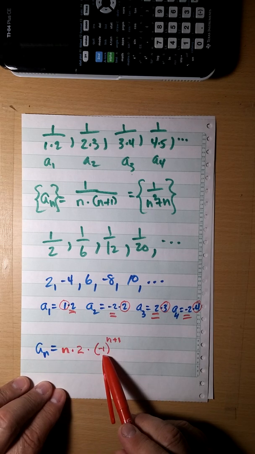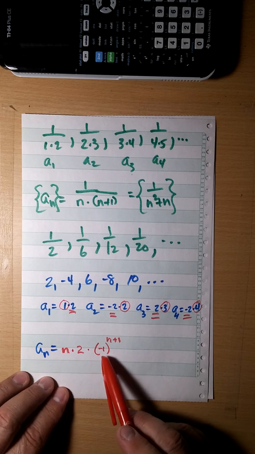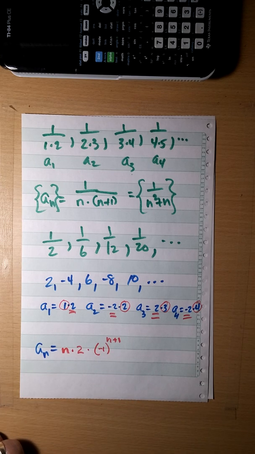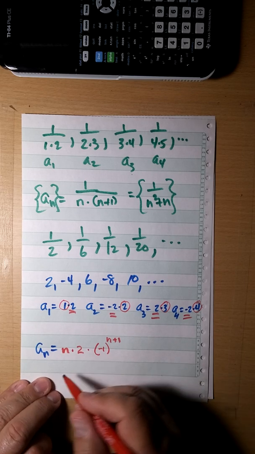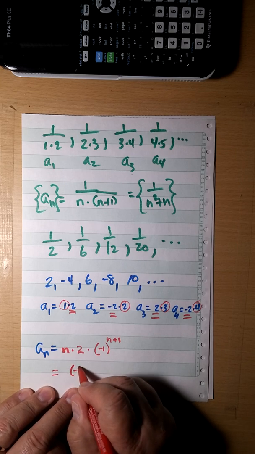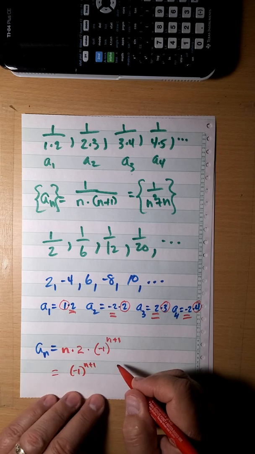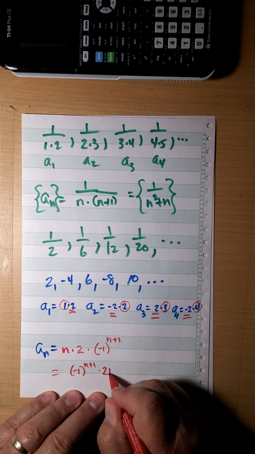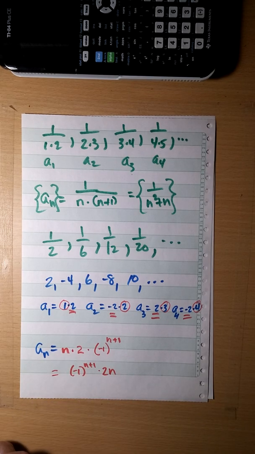If you needed to switch sign, plus, minus, you've got to use that -1 to some power. Make sure you get the power the right order, so to speak. So this then becomes the -1 to the n plus 1 usually first, times 2n. And that is your a sub n.